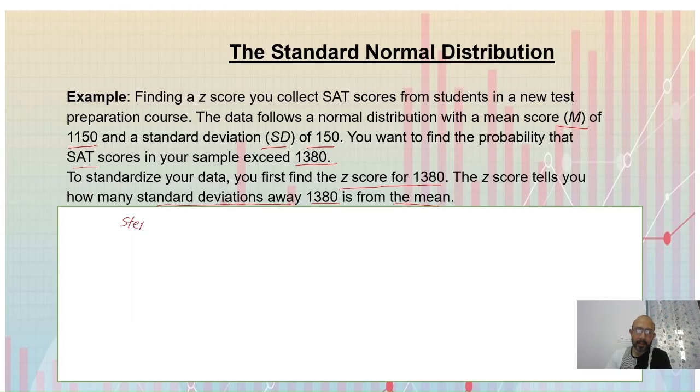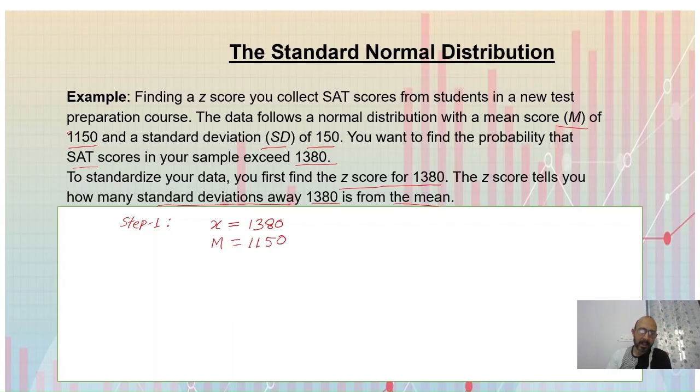Step 1. Subtract the mean from the x value. Here our x value equals 1380, and the mean score M equals 1150.